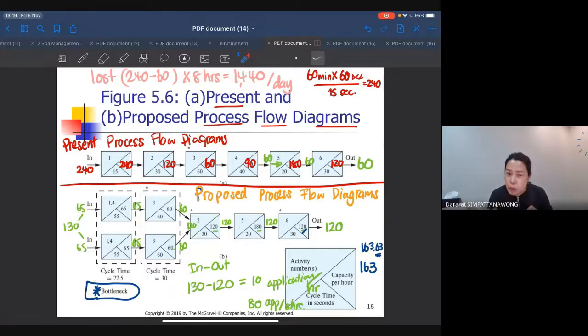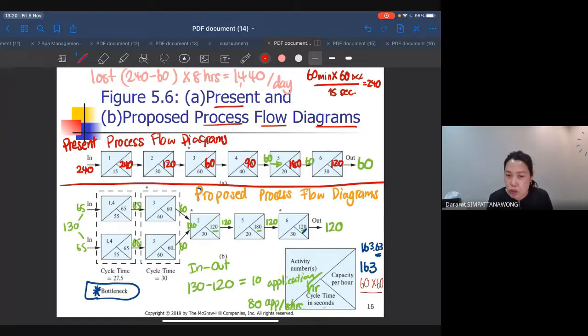So full capacity for 1 hour. And we all know that 1 hour equals 60 minutes. That's where the first 60 comes from. 60 refers to 60 minutes. And 1 minute equals 60 seconds. That's where the second 60 comes from. So the maximum time is 3,600 seconds divided by cycle time in seconds.